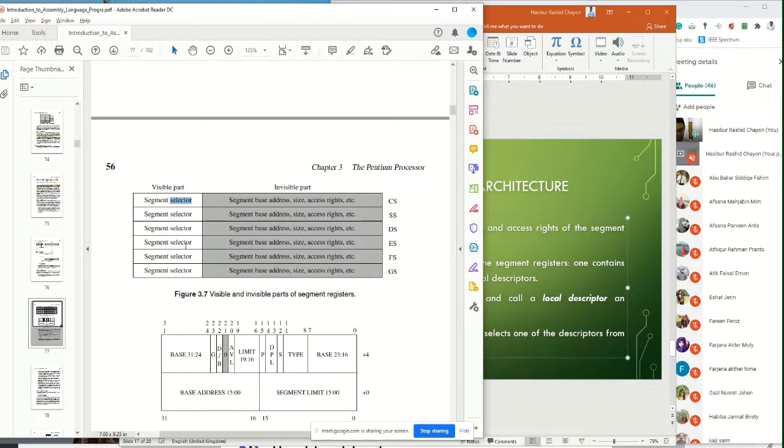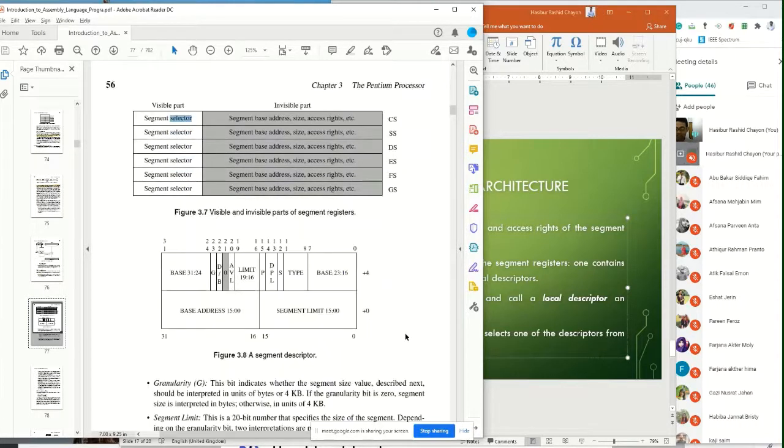So you might be thinking, what is a selector? A selector is a kind of information which can be derived from one of the descriptor tables. There is another term called descriptor.